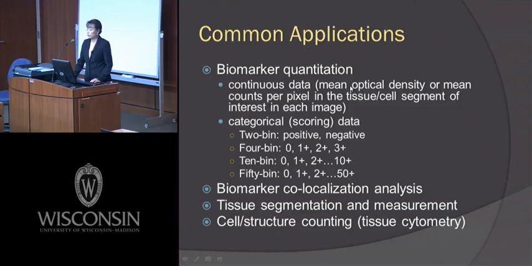For bright field, it's optical density. If you are using a fluorescent assay, it's the mean counts per pixel area in the tissue or cell segment of interest. Also, you can do categorical data. You can do either 2-bin, 4-bin, 10-bin, or even 50-bin data analysis.